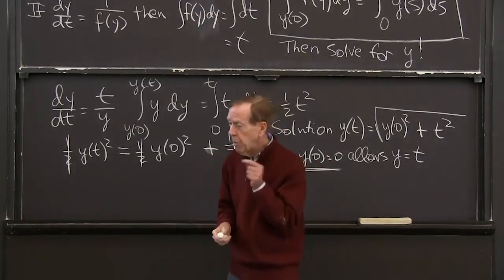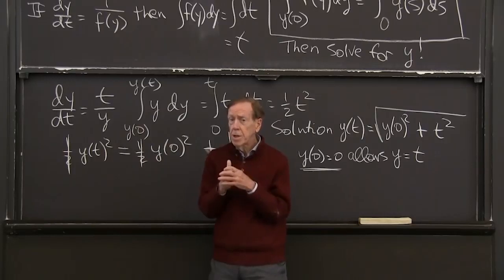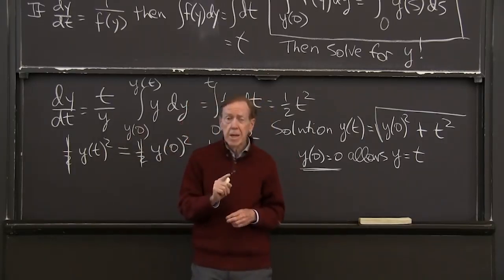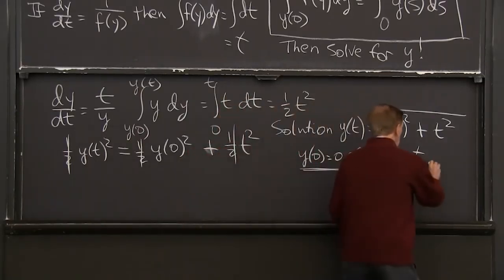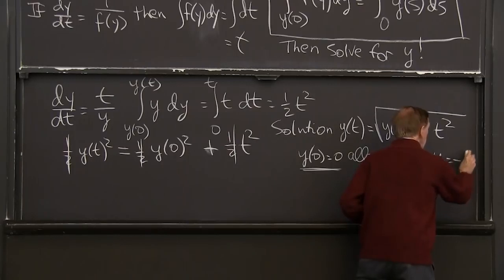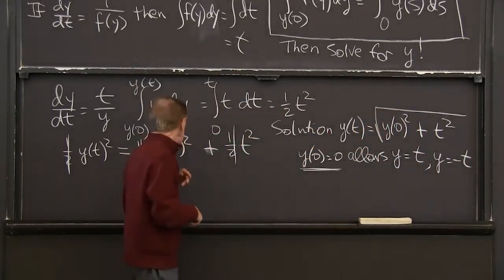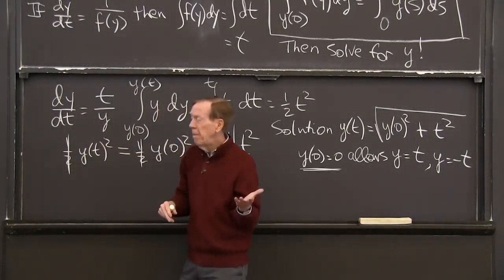But my point was there's got to be something going a little strange when y of 0 is 0. And what happens strangely is there are other solutions. I think y equal negative t, and more, probably. If y is equal to negative t, then its derivative is minus 1.